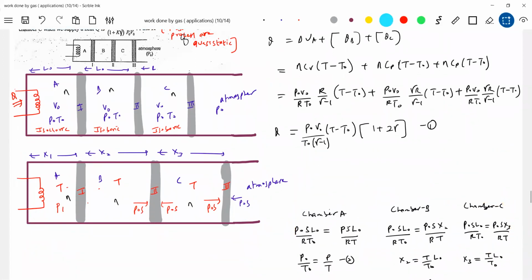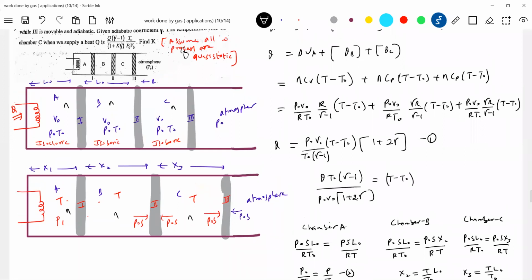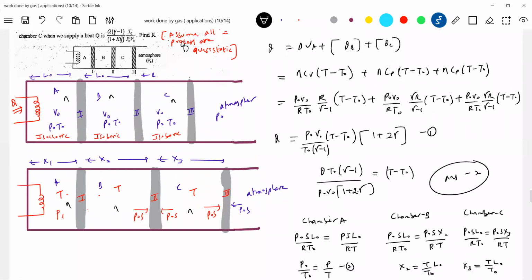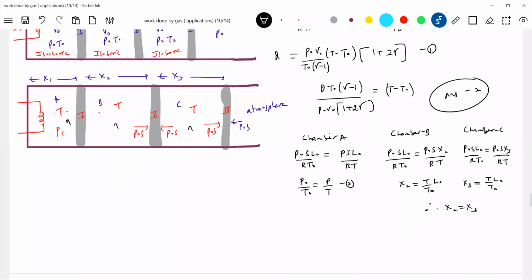So this will become Q. Okay, all the things are there. So what is the value of K now? K will become 2. Answer will be 2. If they ask you anything further, like the length of the chamber, we have to use this particular method here.